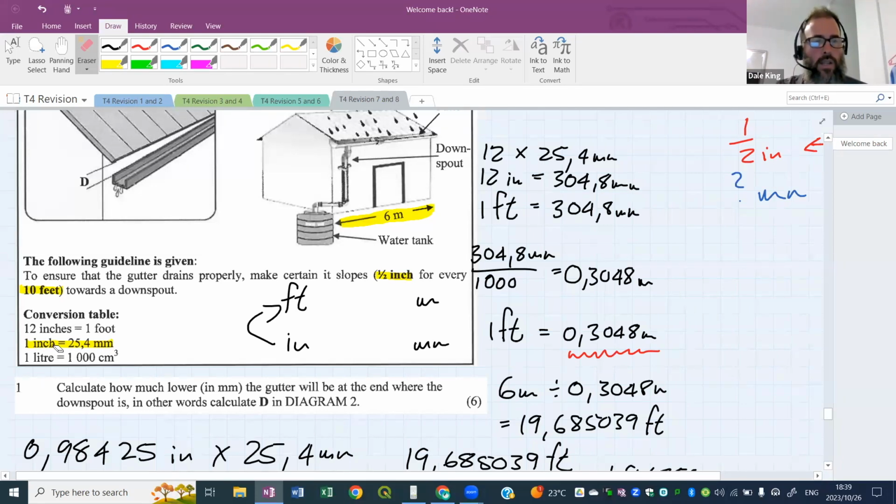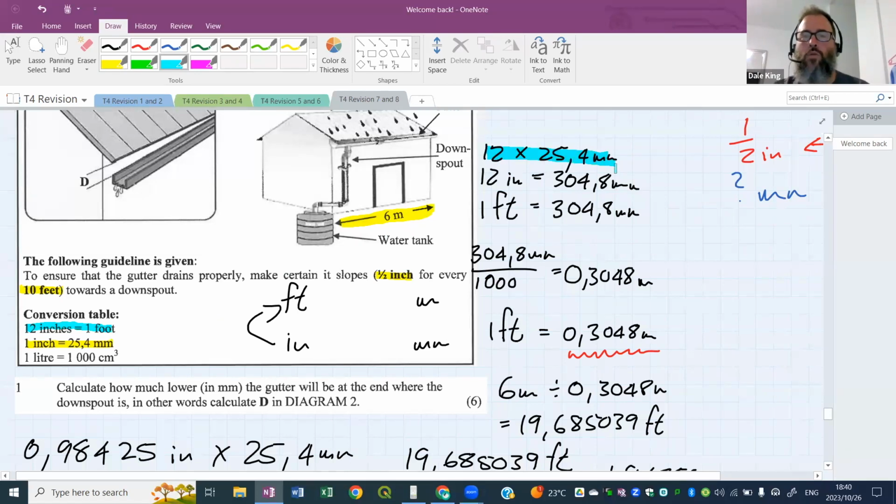So I take this conversion, 1 inch is equal to 25.4, and I want to change this to a 12 inch to a certain number of millimeters conversion, because I know that 12 inches is 1 foot. That's what they tell us at the top. So I'm going to take my 1 inch up to 12. If 1 inch is 25.4, then how many millimeters is 12?